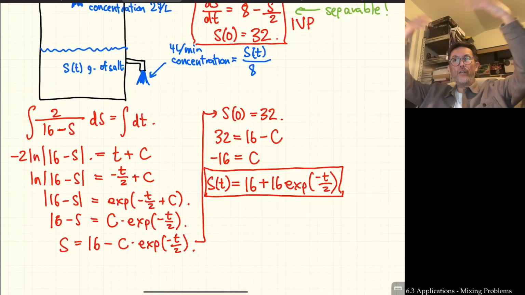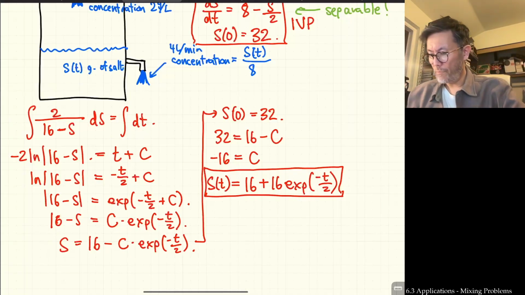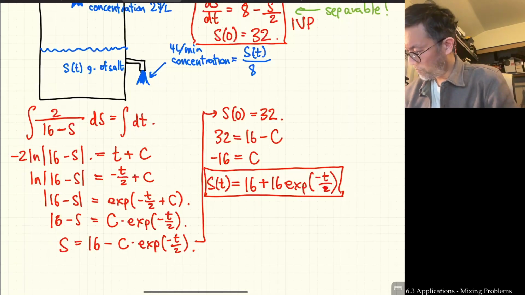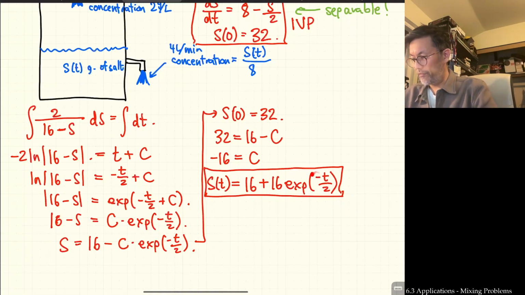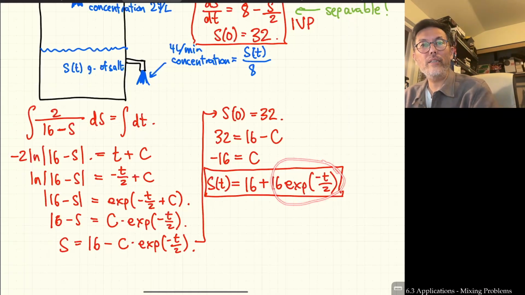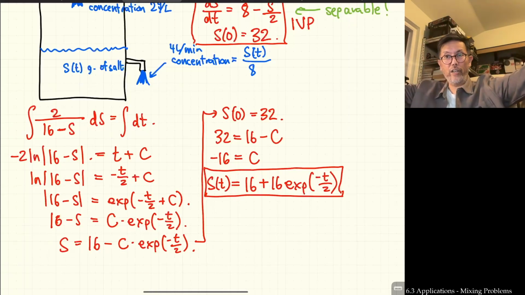When t gets very, very large, because this is an exponential with a negative coefficient in the argument, it's going to go to 0. So this term is going to die in the limit, and we're going to be left with just 16. In other words, in the long run, the amount of salt present will be 16 grams.